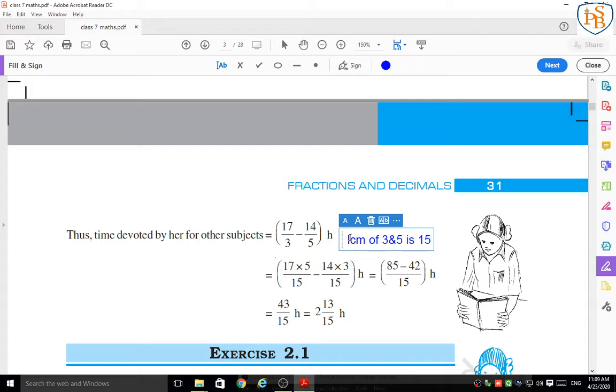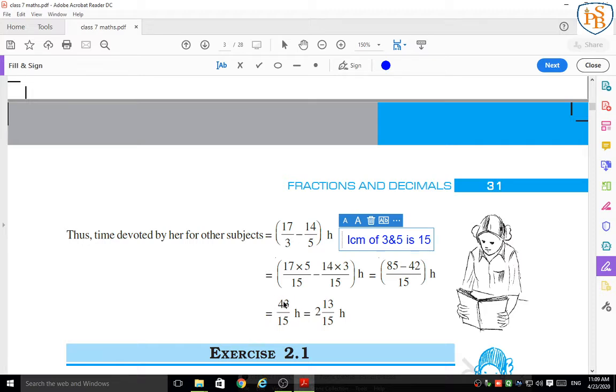So 15 is in the table of 3 and also of 5. Now we do cross multiplication: 17 into 5 upon 3 into 5 minus 14 into 3 upon 5 into 3, that is 17 5s are 85 and 14 3s are 42, and the denominator remains the same, that is 15. So 85 minus 42 gets 43, and the denominator remains the same.